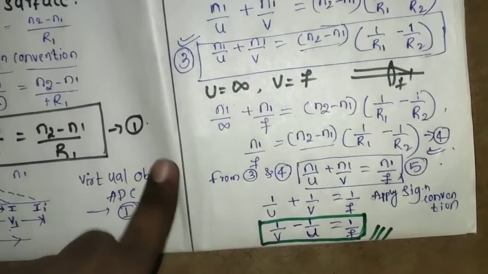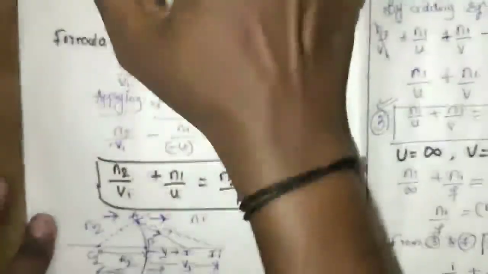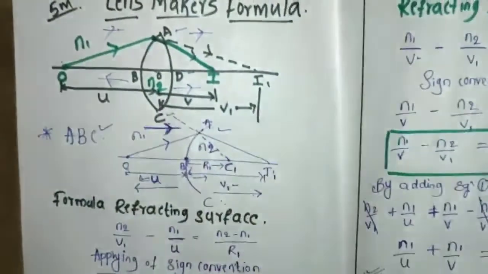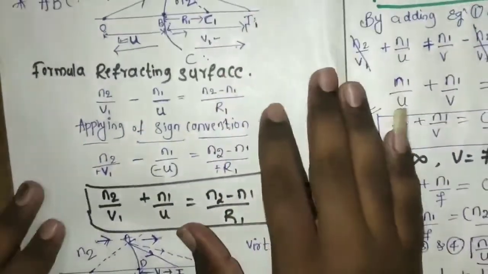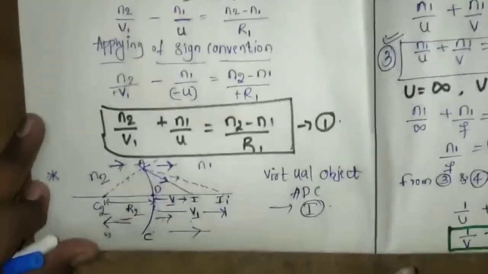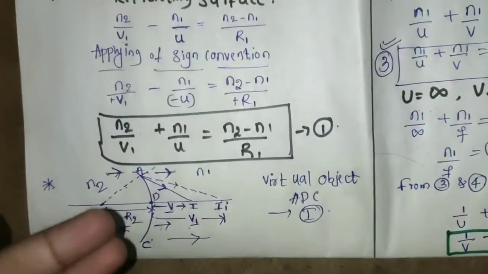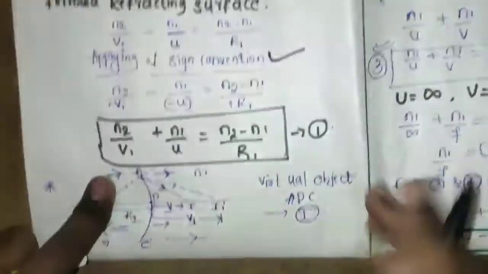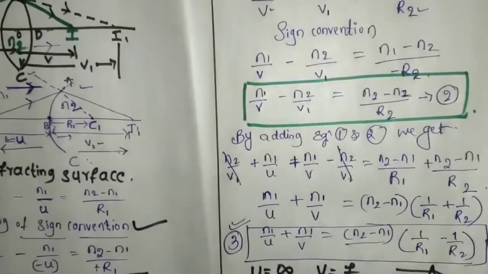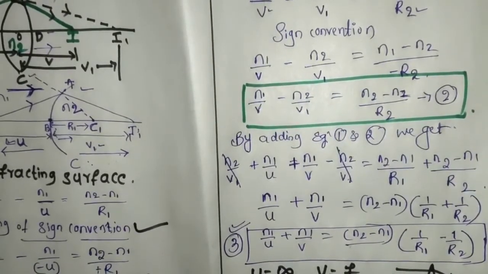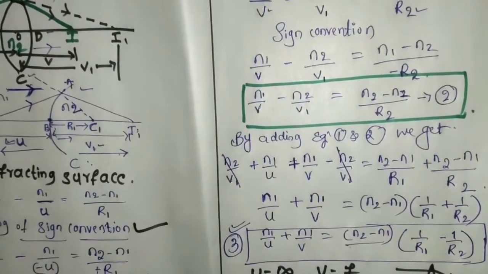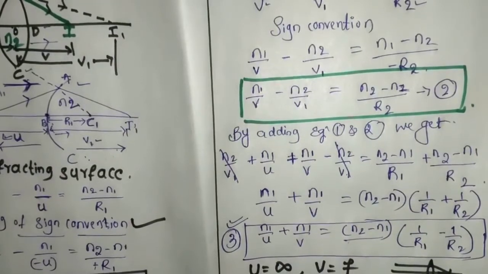See here, the main thing is taking ABC as a separate refracting surface and ADC as a separate refracting surface, and applying the sign convention is important. Don't memorize this derivation, otherwise you will definitely get confused in the examination hall.